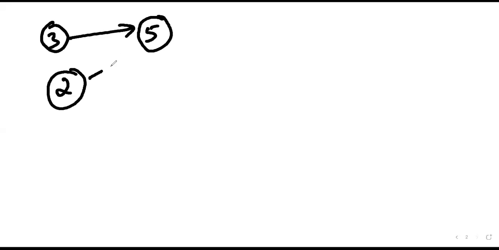Three activities, 3-5, 4-5, and 2-5, actually finish at the 5th node. One was 3-5, another is 2-5, and another is 4-5.